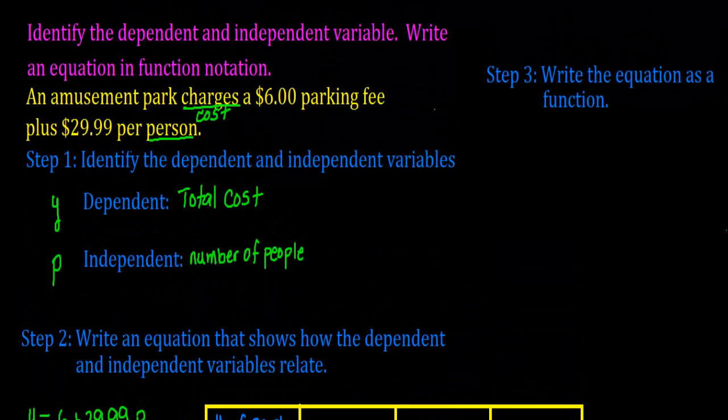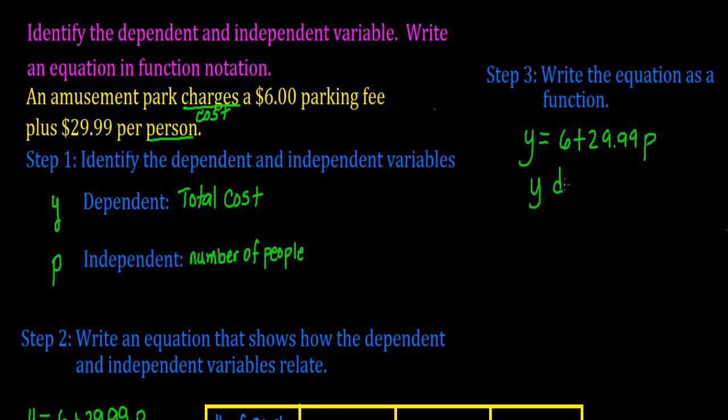Once I have my equation, we wrote that y is equal to 6 plus 29.99p. Now I want to write it as a function, okay? So how do we do that? We said that in this case y depends on p. And that's what we had said here. The total cost, which is y, depends on the number of people, which is p. So y depends on p.